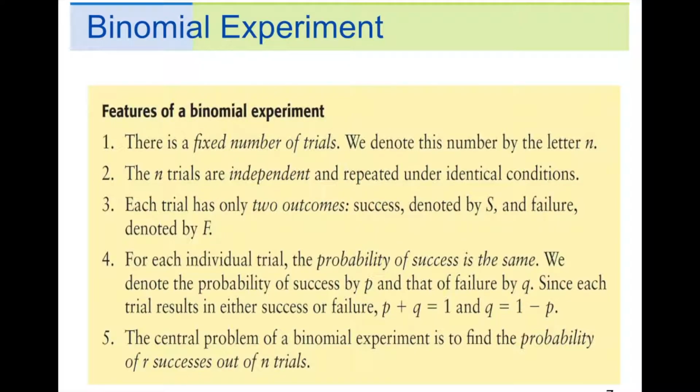The central problem of binomial experiment is to find the probability of R successes out of n trials. So what we want to find is a certain number of successes out of a certain number of trials. So if there are 5 trials, you might want to know what's the probability of getting 3 successes. That's what we're trying to do here.